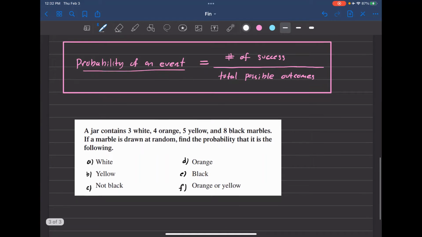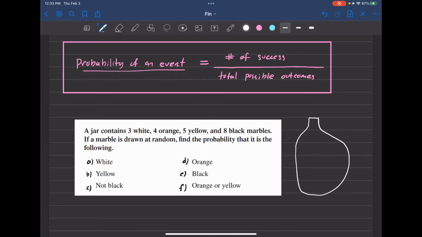Suppose you have a jar. Let's suppose this is our jar. Not exactly a jar, but let's just say that is our jar. And the jar contained 3 white, 4 orange, 5 yellow, and 8 black marbles. All right, so let's put those marbles in our jar.